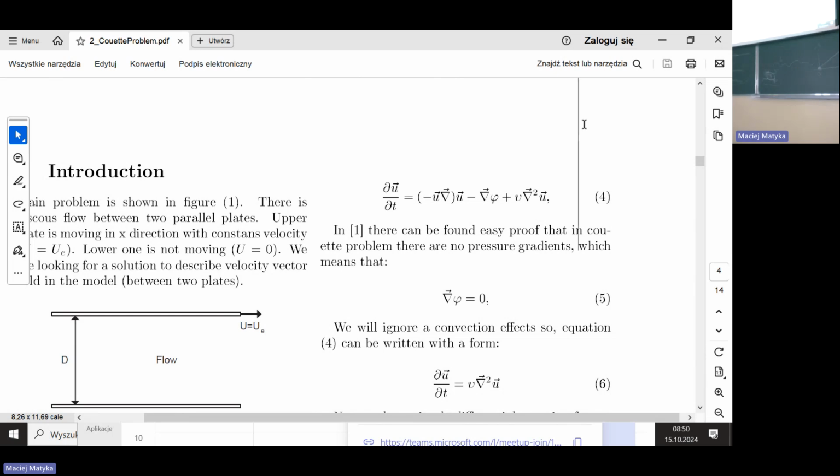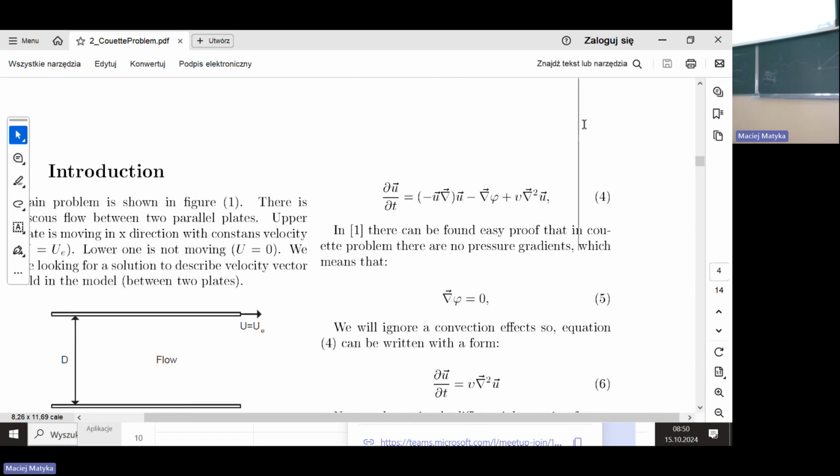And then we write our equation in this form, which now consists of two parts: the change of the solution in time, which is here, and the Laplacian term. This is the viscous term of our Navier-Stokes. So it's a viscosity multiplied by the Laplacian of velocity.